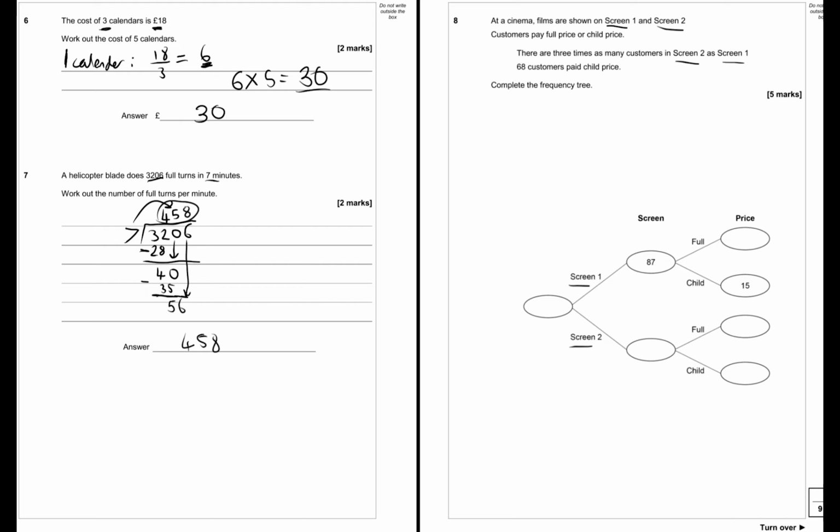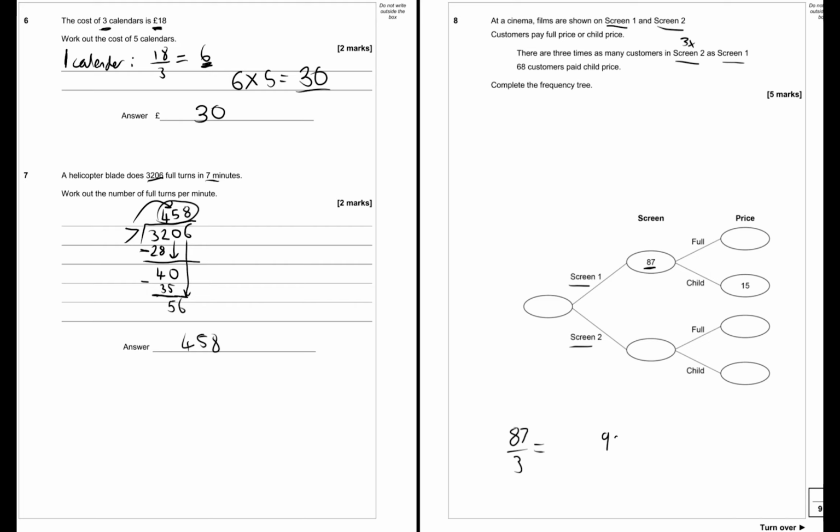There are 3 times as many customers in screen 2 as screen 1. So if there's 87 in screen 1, how many will be in screen 2? So we need to do 87 over 3, don't we? So what's 87 divided by 3? Okay, we can use the other method we had before, or let's do a trick here.